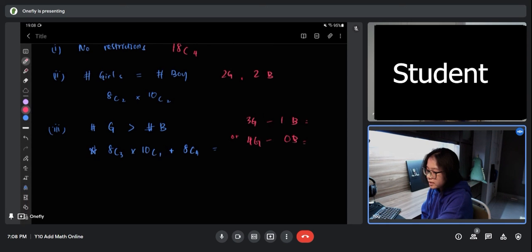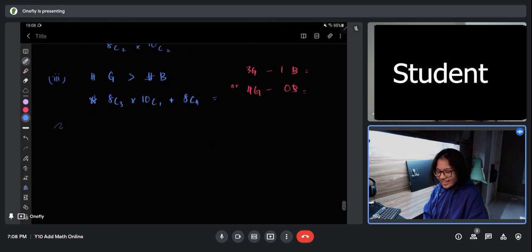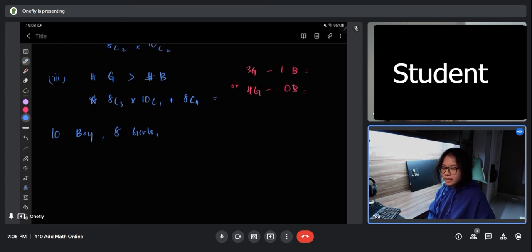Okay, here is the final question. Again, it's the same question as 10 boys and 8 girls. But then here's the catch. One of the girls and one of the boys are cousins.